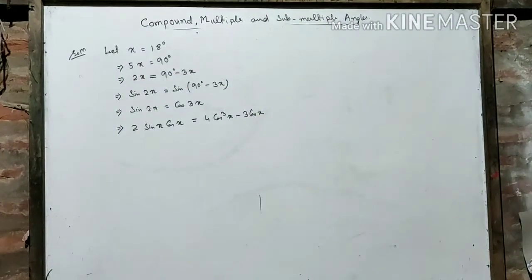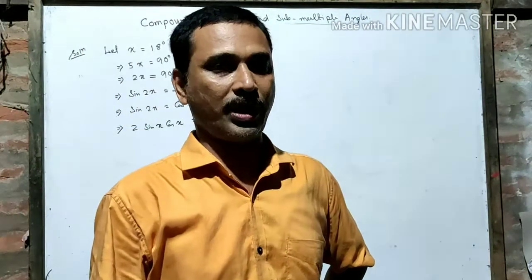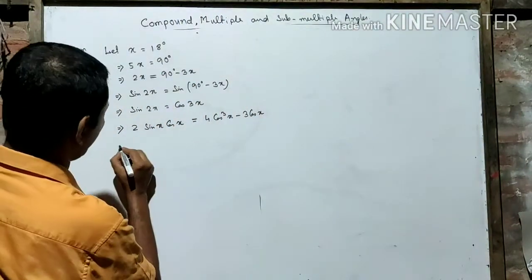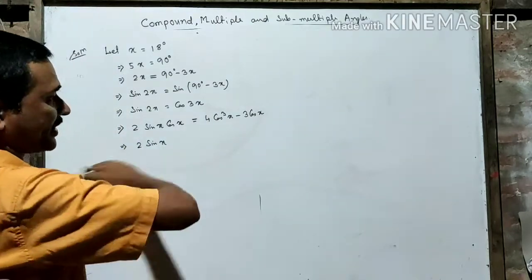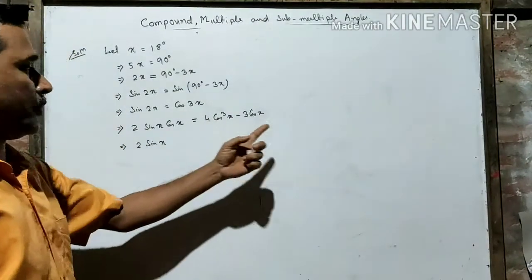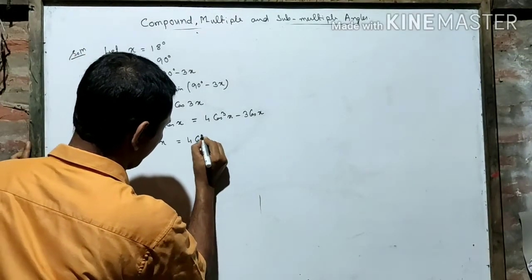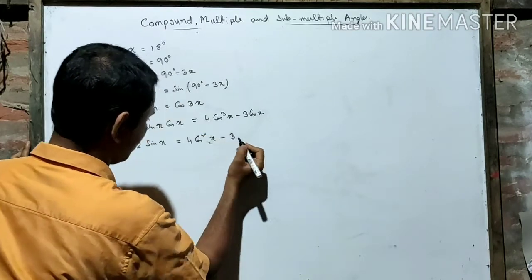So trigonometry is a formula based chapter. You have to remember the formula. There is no other way. Now let's divide throughout by cos x. Then this will be 2 sine x equal to 4 cos square x minus 3.